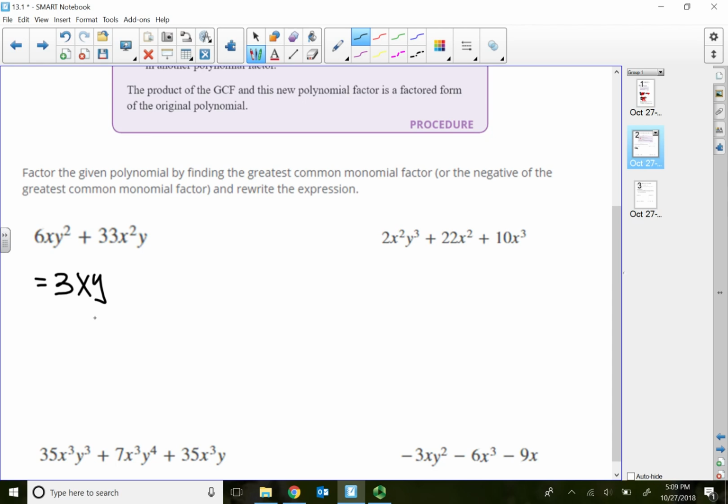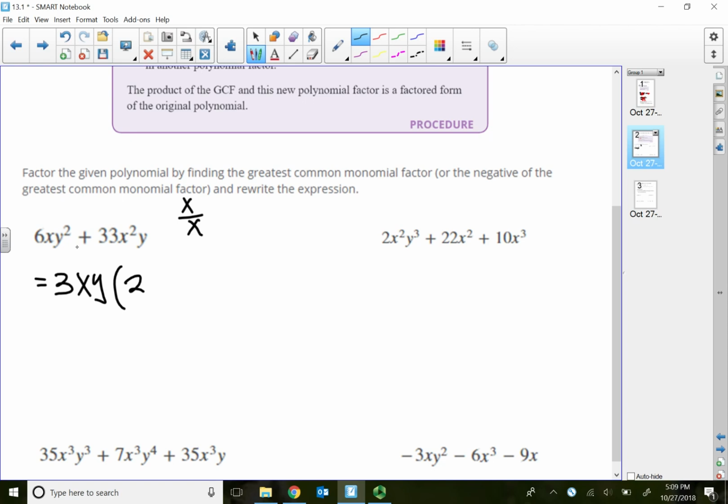Once we write the greatest common factor, then we say times parenthesis. Now we divide. 3 goes into 6 2 times. X goes into x. I don't say it quite like that. My greatest common factor x goes into my first term x 1 time. The way I say it is, since I'm taking 1x to the outside, then my first term on the inside should not have any x's.